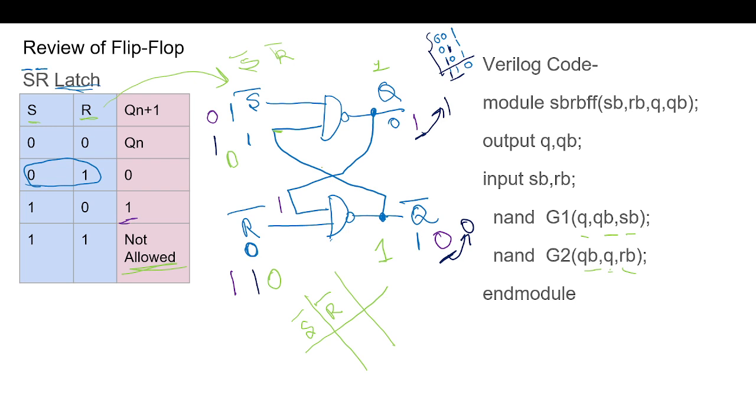In the SR latch, we will write the truth table again. Here 0, 1, 1, 0, 1, 1.